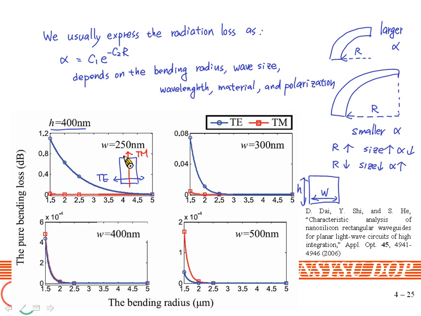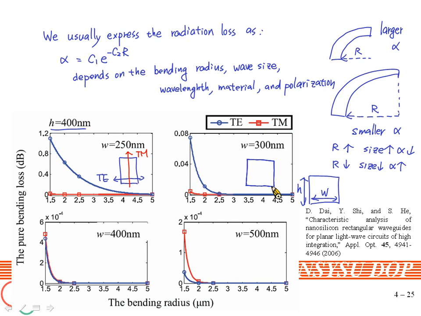So for such a rectangular waveguide, the TM mode can be guided well in this waveguide. So comparing these two polarizations, you can see the TM mode will have smaller radiation loss, but the TE mode will have larger radiation loss. Then we increase the width W to 300 nanometer. Then the structure will look like this.